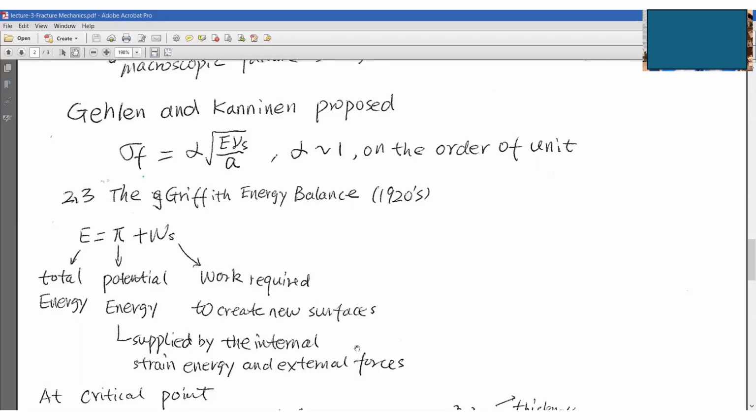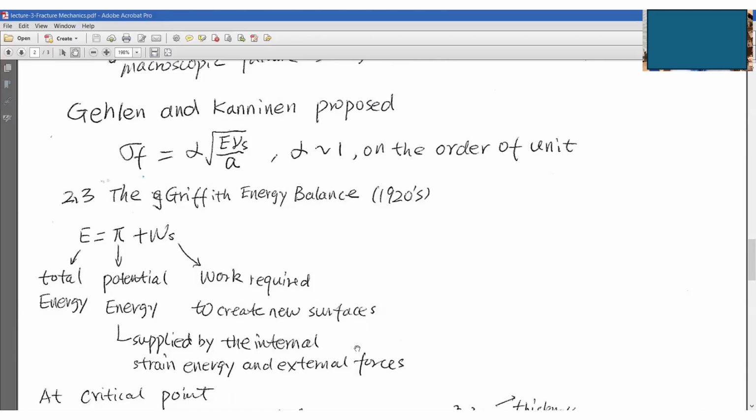Suppose we have a component with a crack, or no crack. If you want to crack the body, you must apply a force or any kind of external load to provide energy. When this energy is higher than some threshold value, some point or points will have crack initiation and then crack propagation.